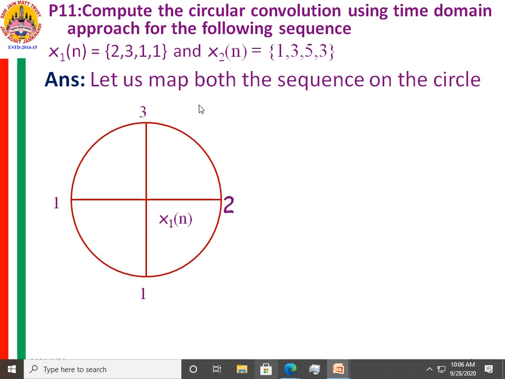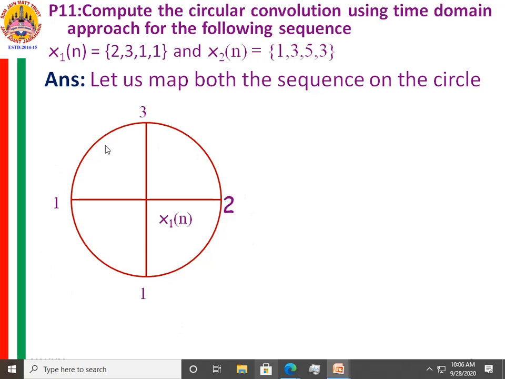So consider, we have seen that the signals which are to be circularly shifted are first of all to be mounted on a circle, and the circle should be divided in equal parts equal to the length of the signal. So let us observe that the length of both these signals is equal to 4.